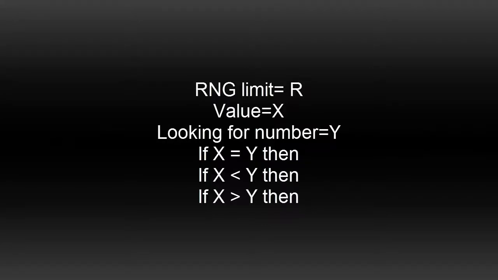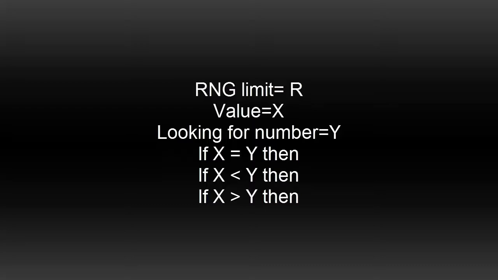So as far as what you're seeing, RNG is a random number generator, and how it works in simplistic terms is you can tell it the value on the max end of what to look for. If you say 10 is the limit, then it will try to pick a number between 1 and 10. If you say 100, then between 1 and 100.